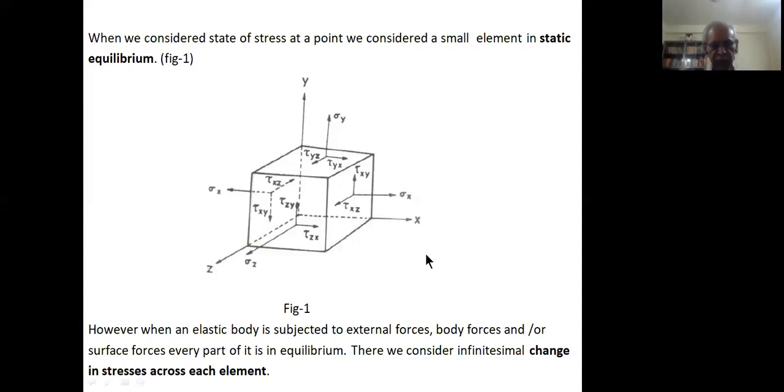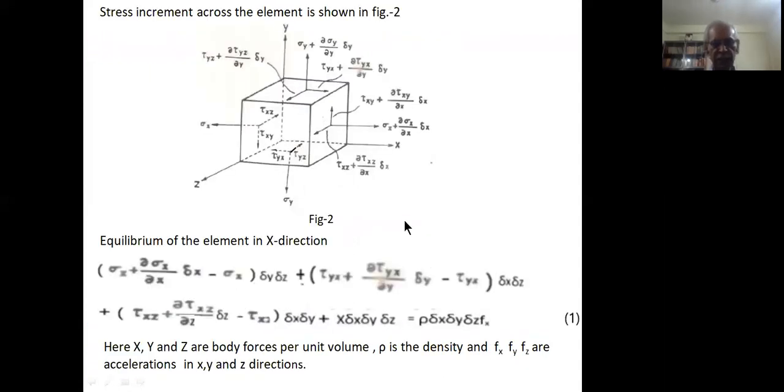Let's look at figure 2. Figure 2 essentially shows that if you look at the left-hand face of this cube and the right-hand face of the cube, you will see that the stresses have an increment in the x direction. For example, sigma x on the left-hand face has increased on the right-hand face, that is across the element, by an amount del sigma x by del x into delta x.